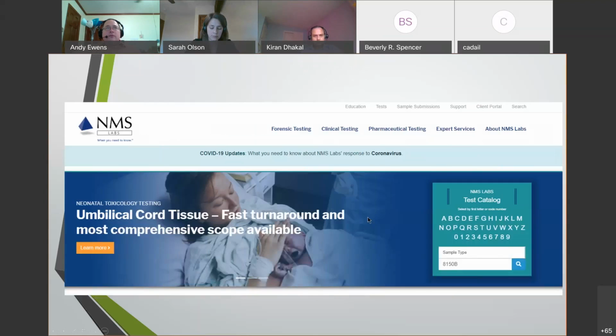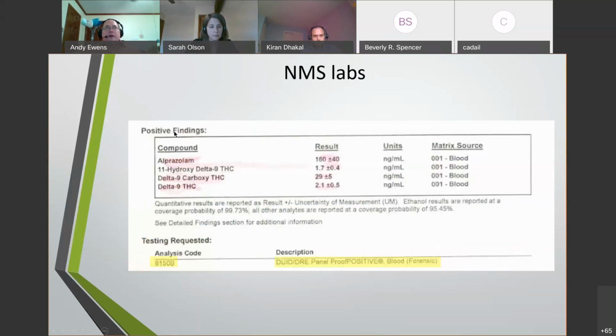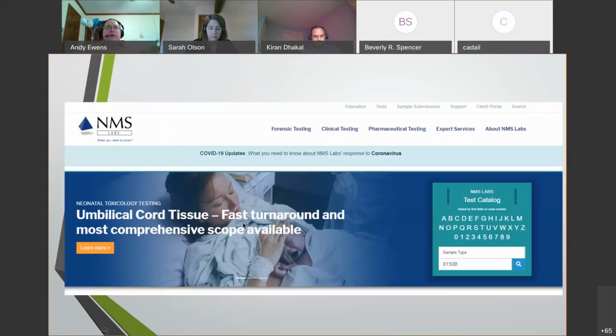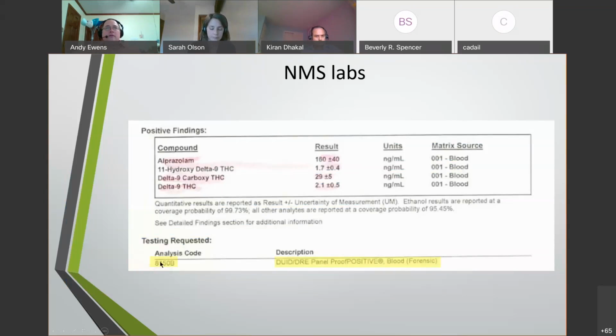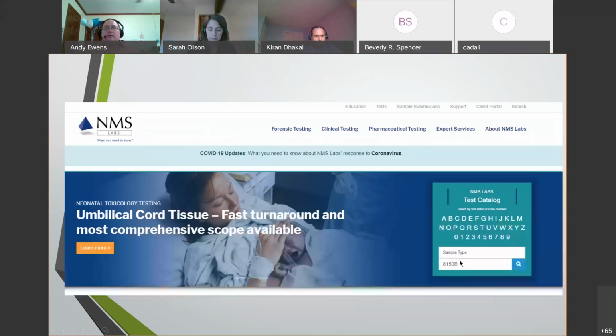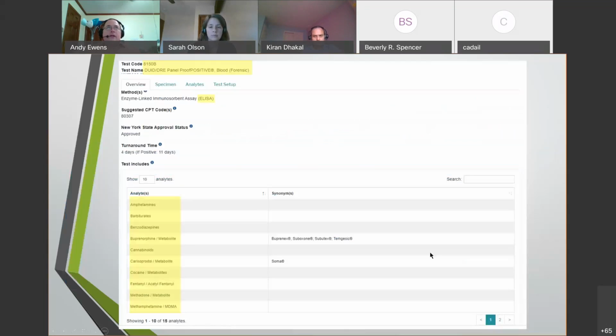And what you can do, so here they're telling you the positive findings. If you want to know what else they looked for and found that was negative, you can go to their website and they have a test catalog. You put in the code number for that test right down here in your test catalog, the 8150B, and that will bring up information about that test.